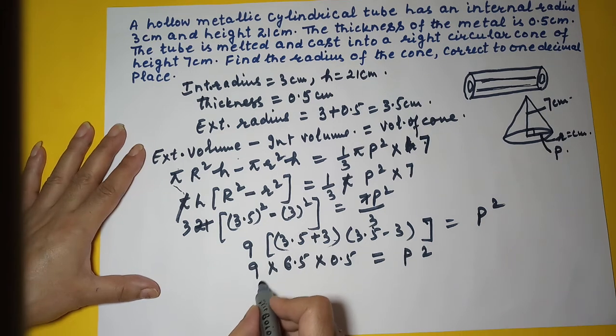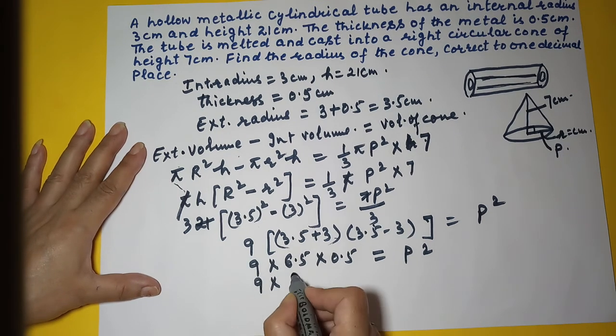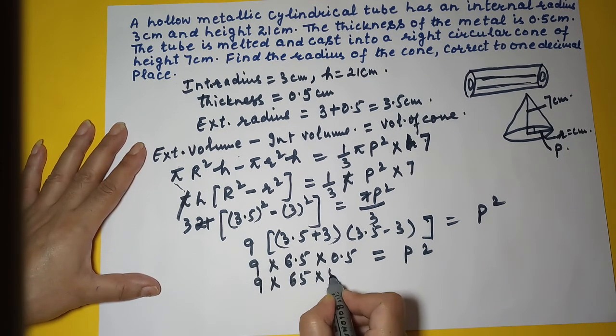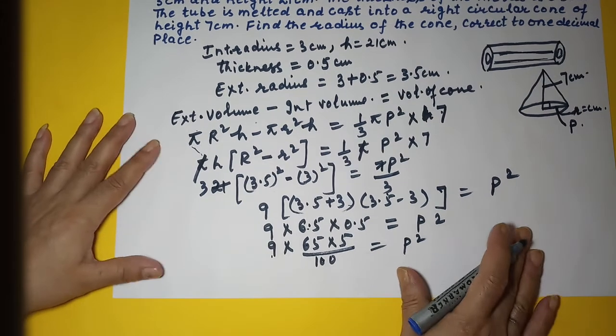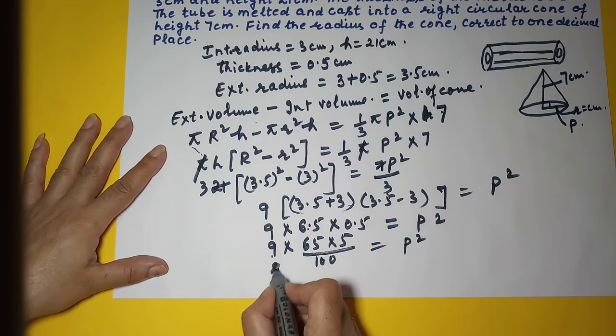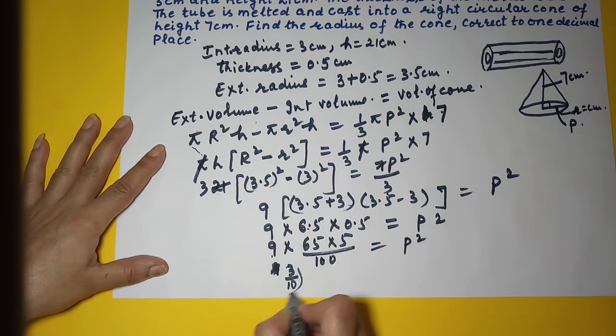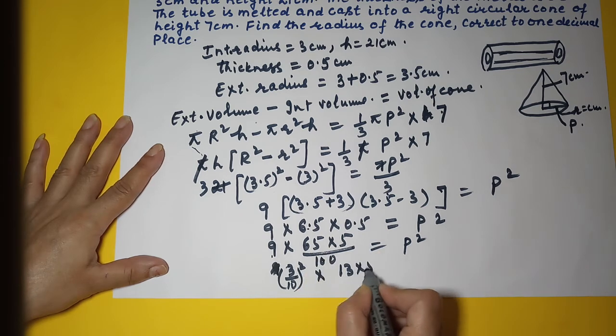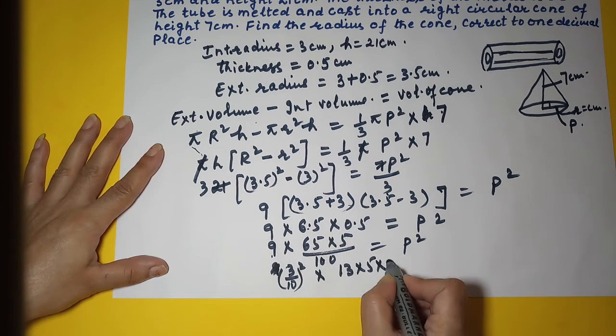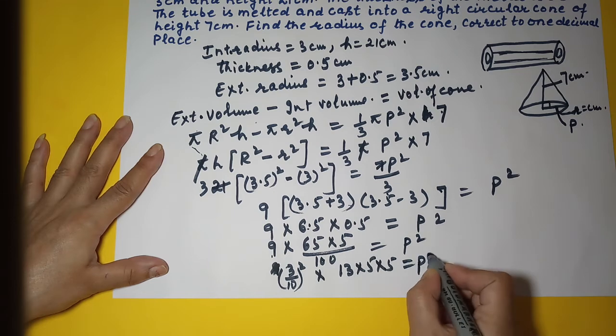Now this will again become 9 into 65 into 5 divided by 100 equals p square, right? 9 and 100 you can keep separate as 3 by 10 whole square, and here you have 13 into 5 is 65 into 1 more 5 equals p square.